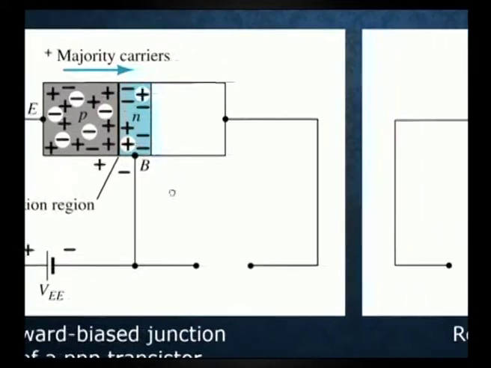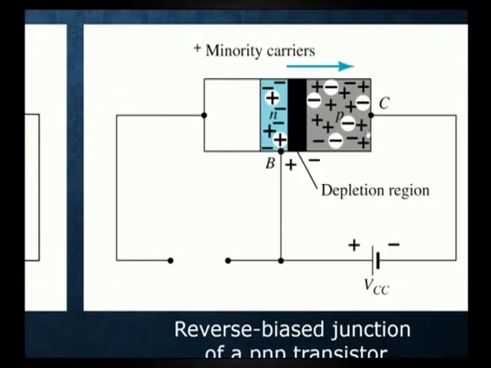Similarly, in the next case we consider the NP junction in reverse bias due to the application of collector voltage and removing the emitter voltage. When we remove the emitter voltage, this NP junction becomes reverse biased due to the increase of the depletion region.